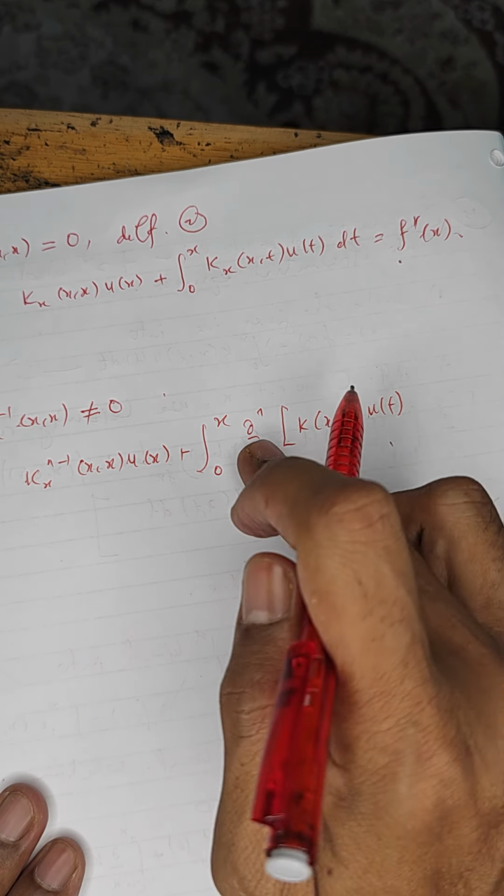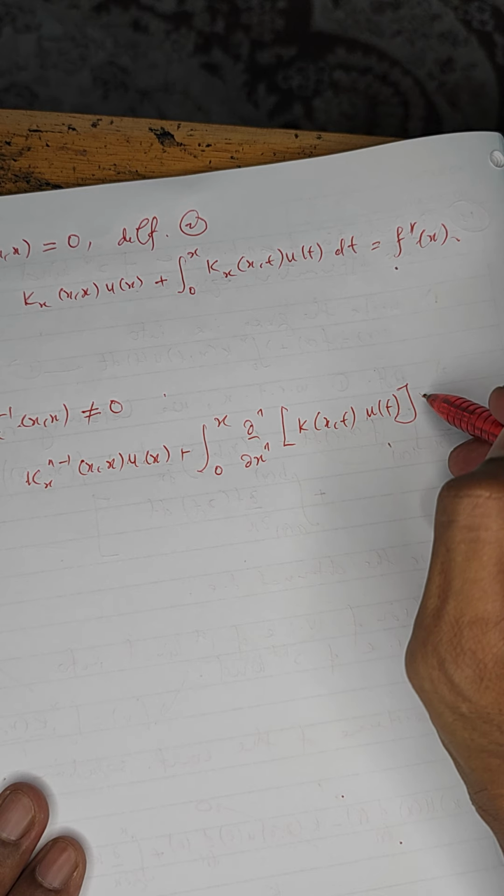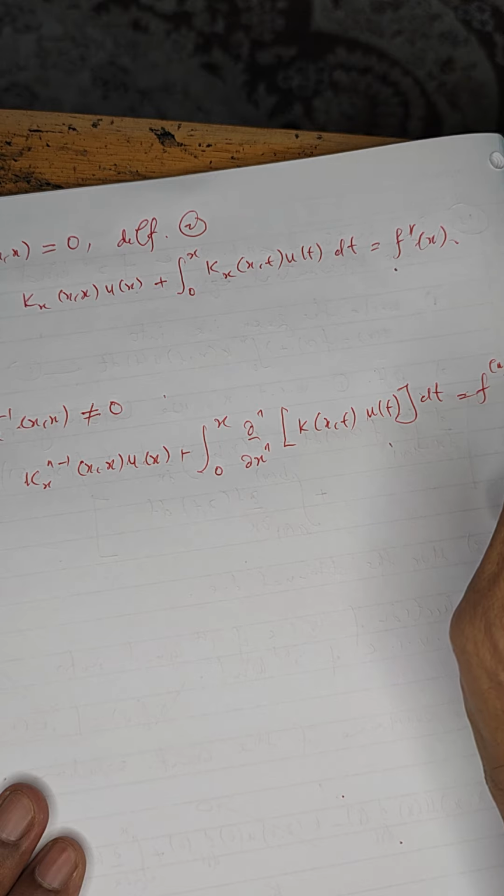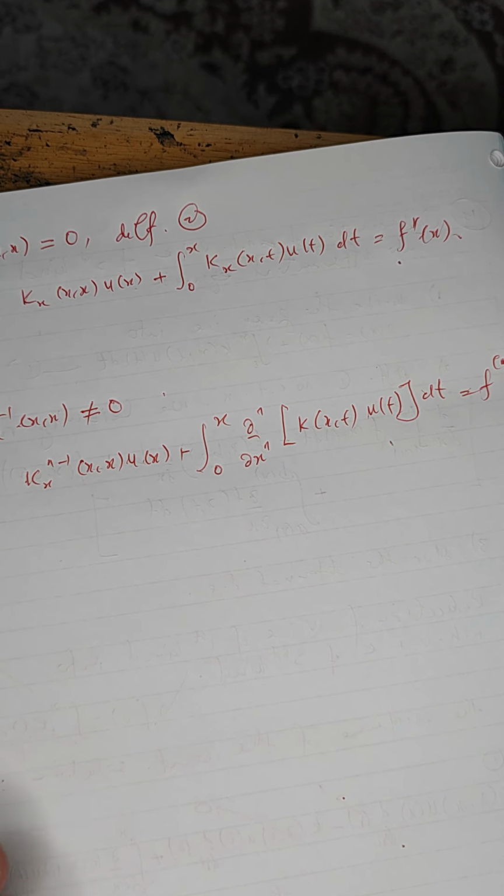Okay, so we differentiate with respect to x and t, so dt, this is equal to f'(x).